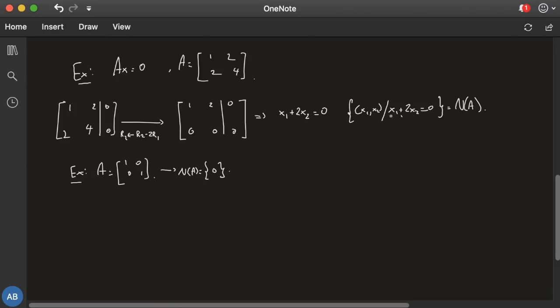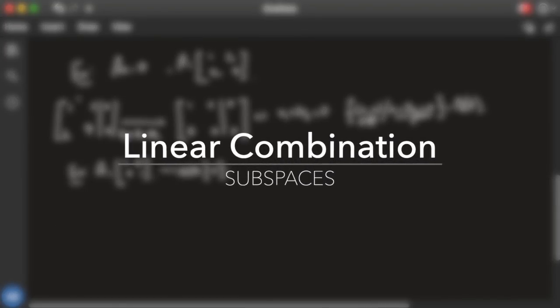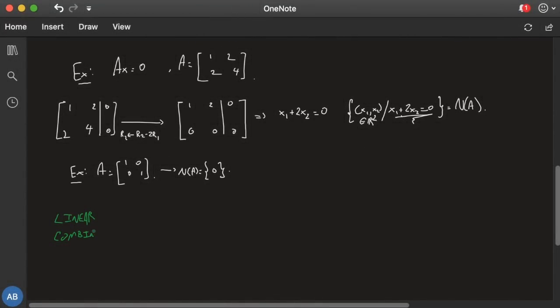Now, note how we usually characterize subspaces by some linear system where the variables are allowed to move in R. In this case, we've got two variables, so they move in R squared. This representation is actually referred to as a linear combination of x1 and x2. So what is a linear combination? It's really when you linearly combine your variables.